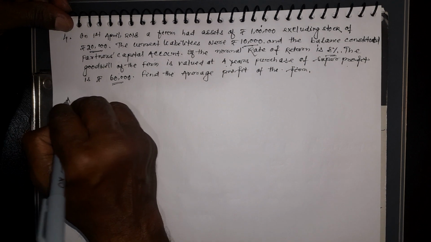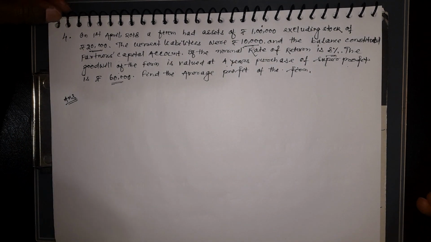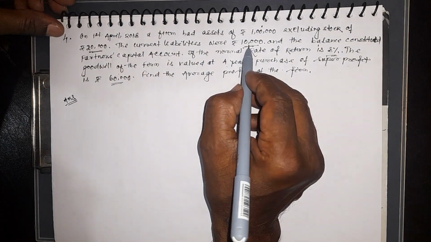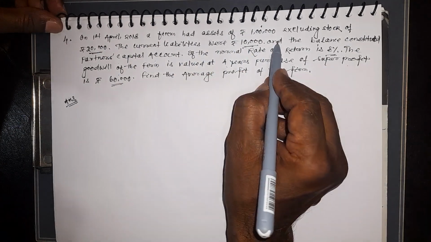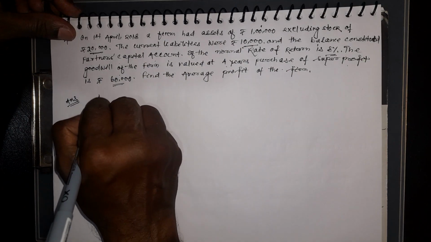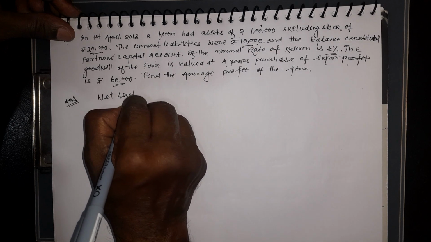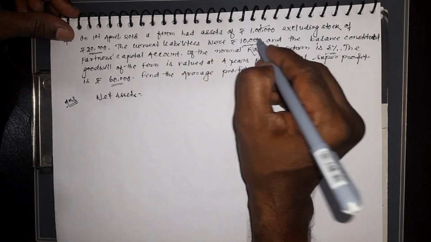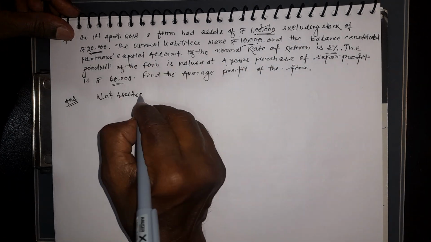So actually here goodwill is given, so we put the formula of goodwill. Let me calculate first. Here net assets or capital employed we can find out. Assets here are given as 1 lakh excluding stock, so stock will also be included.